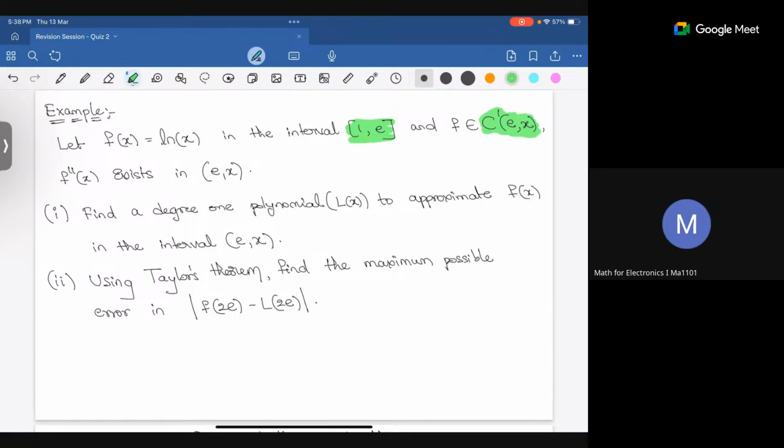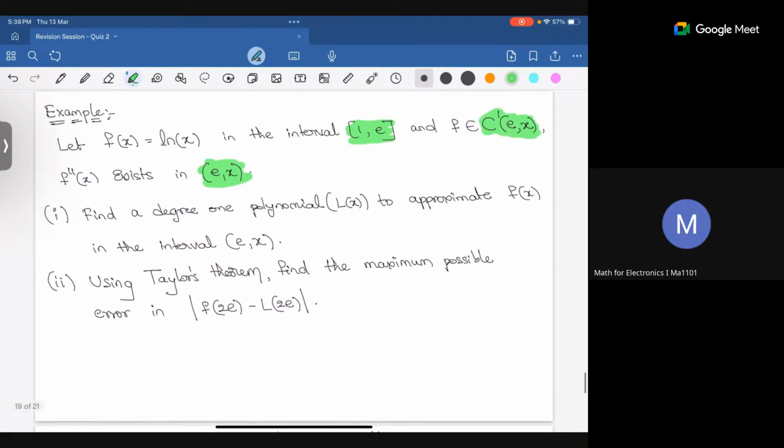But what we know is f and f prime are continuous in that interval e comma x, and f double prime of x also exists in this interval e comma x. Now what I want is to find a degree 1 polynomial L of x to approximate f of x in the interval e comma x.